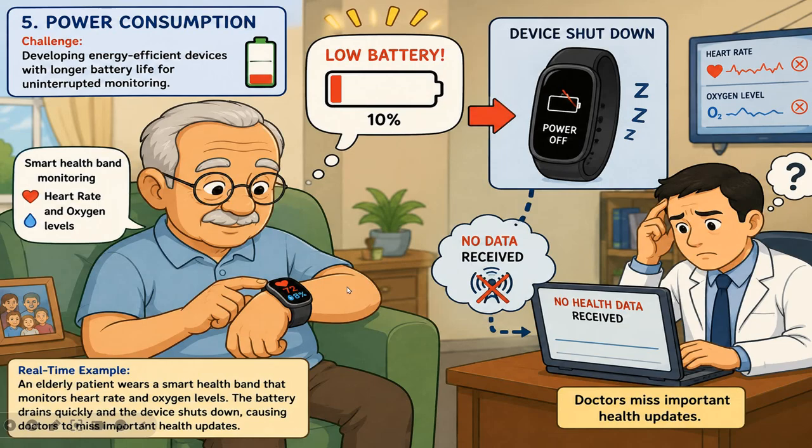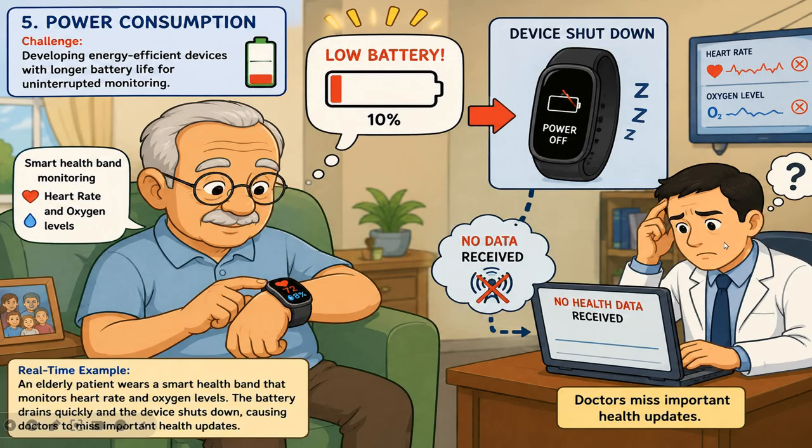This allows the doctors to track the patient's condition without requiring frequent hospital visits. Now here at the center you can see that there is a gradual battery depletion process. The smart band first displays a low battery, then the battery becomes completely drained, and finally the device shuts down. Once the device stops functioning, it can no longer collect or transmit the health data.